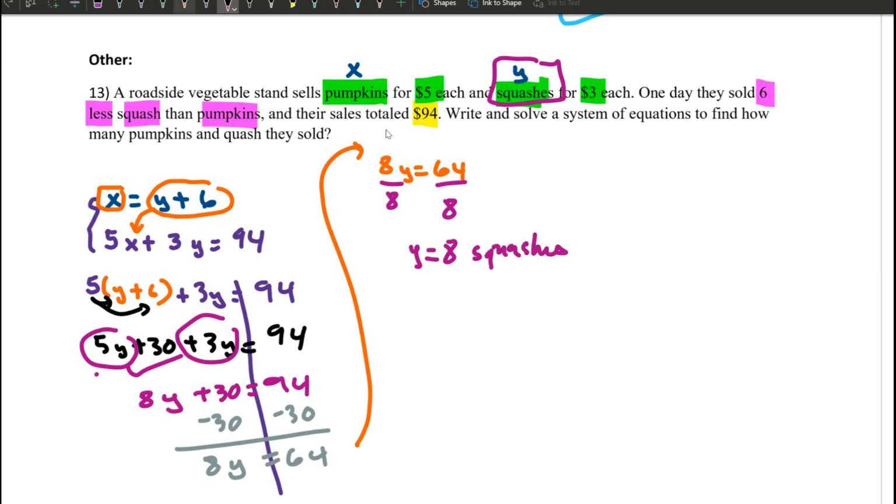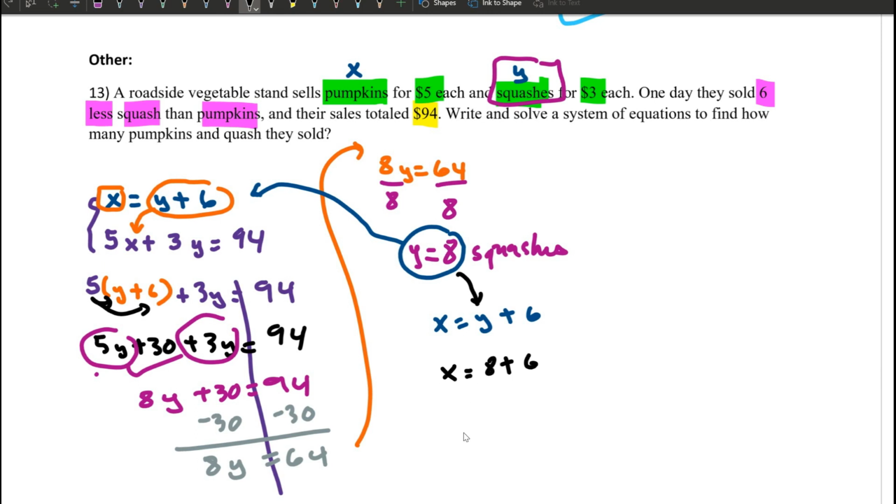And then to get the pumpkin, you're going to take this and plug into the original equation, which is the first one, looks like the easy one to work with. X equal to y plus 6, which means you sold 6 more pumpkin than squash, which means 8 plus 6, which gives you 14. That is 14 pumpkins.